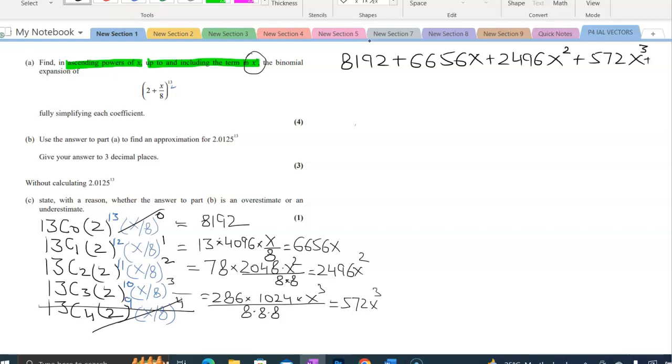And then plus other terms are there. So this is the expansion. This question was 4 marks. It's very easy. It is used to find the approximate value.